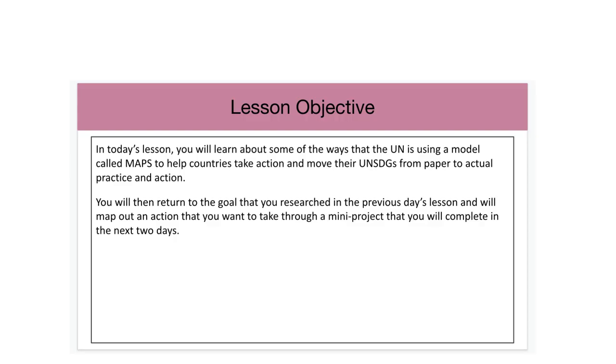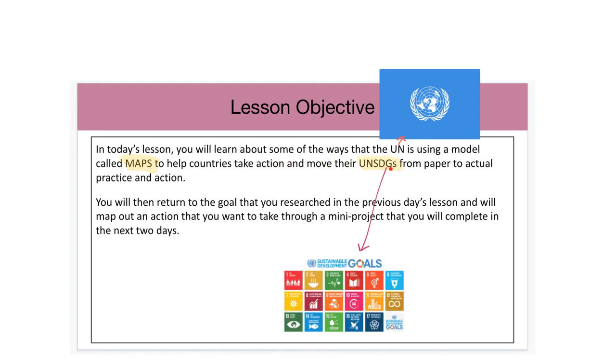Let's begin. In today's lesson, you will learn about some of the ways that the UN is using a model called MAPS to help countries take action and move their UN SDGs from paper to actual practice and action. You will then return to the goal that you researched in the previous day's lesson and will map out an action that you want to take through a mini project that you will complete in the next 2 days.